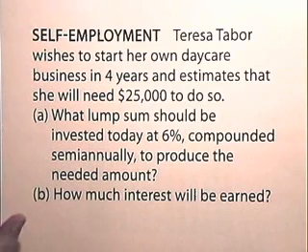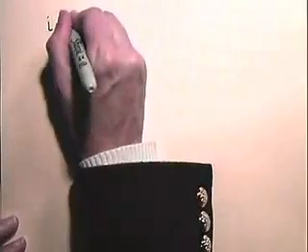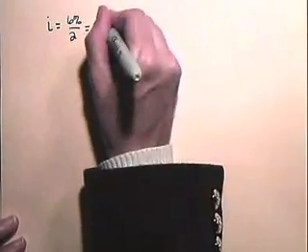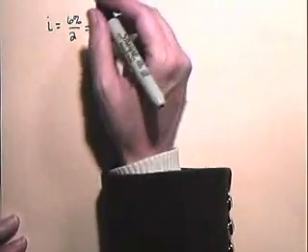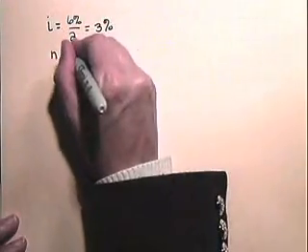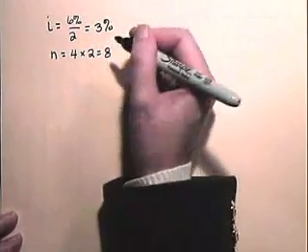We will have to consult our present value table, in which I, the rate per period, is 6% divided by 2, because it's 6% compounded semi-annually, so I is 3%, and N, the number of compounding periods, is 4 years, semi-annually is 8 periods.